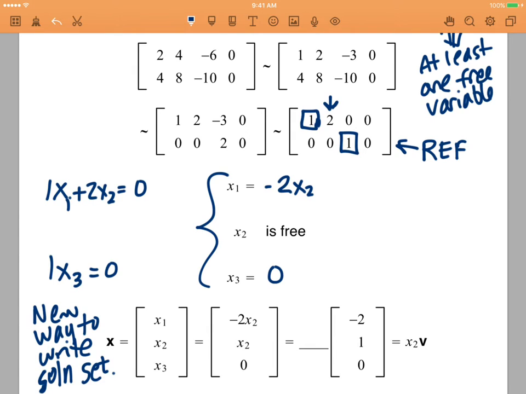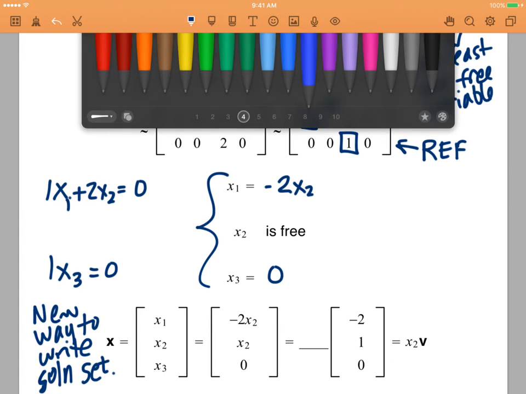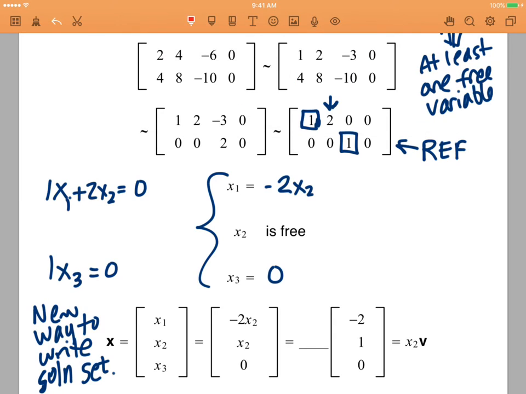So we have x1, x2, x3, and we can take these 3 guys up here. Let me just switch colors. Okay, so we look at these 3 equations, and we're going to write them down here in just a column vector format. x1 equals negative 2x2.